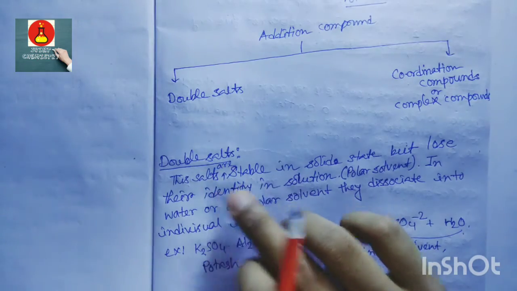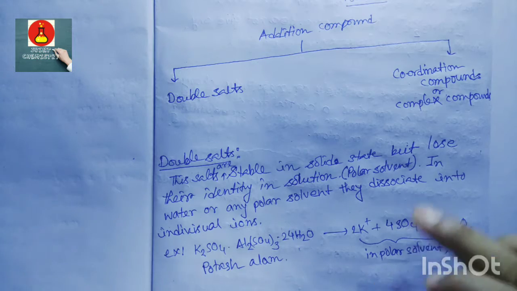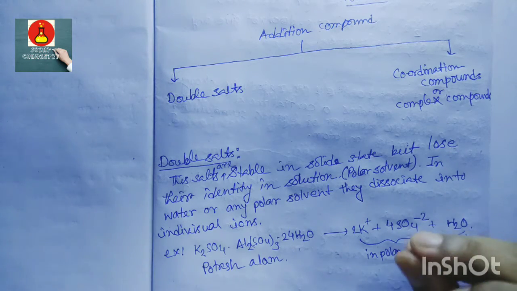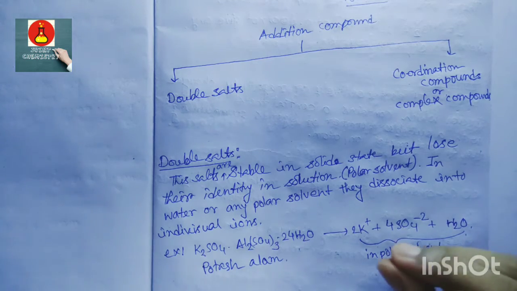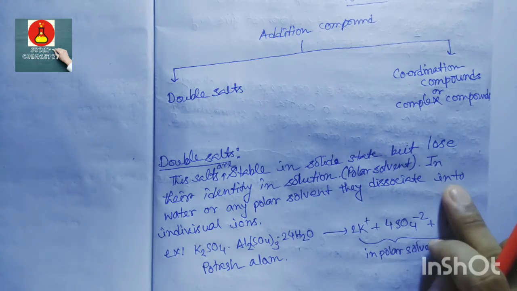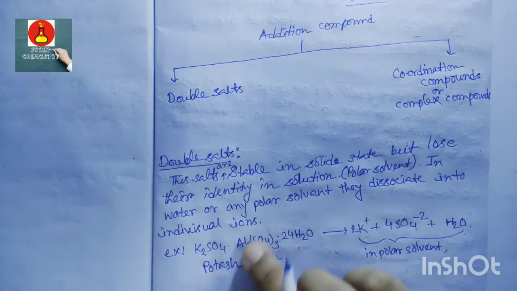These double salts are stable in solid state but lose their identity in water solution or in a polar solvent. In water or any polar solvent, they dissociate into individual ions.